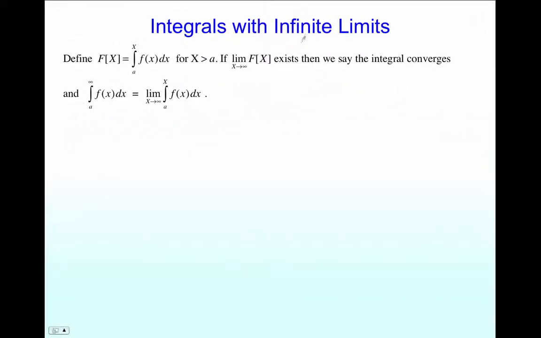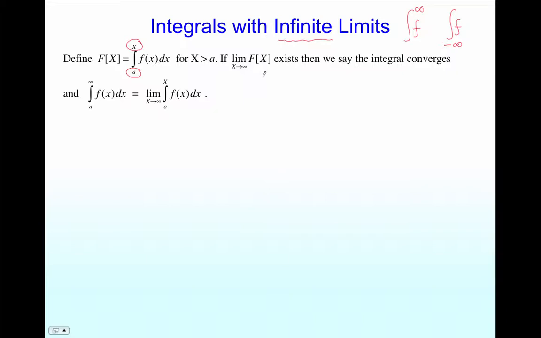In this third part of the lecture, I'm going to deal with integrals that have infinite limits. What that means is, I want to know what is the meaning of the integral of f where the upper limit is infinity, or what is the meaning of this integral where the lower limit is minus infinity. To this end, let us define capital F of x as being the integral of f from some fixed value a all the way up till capital X, where this capital X is bigger than the lower value.